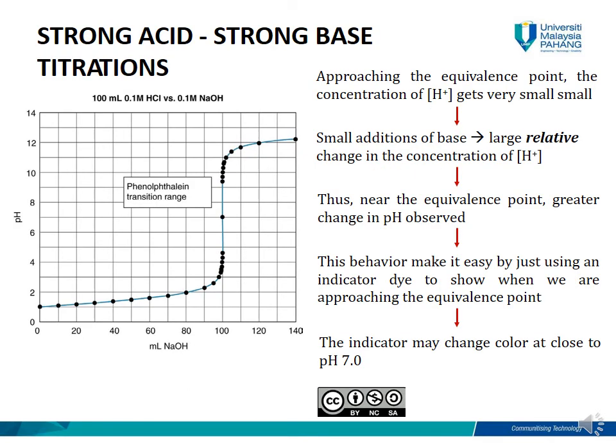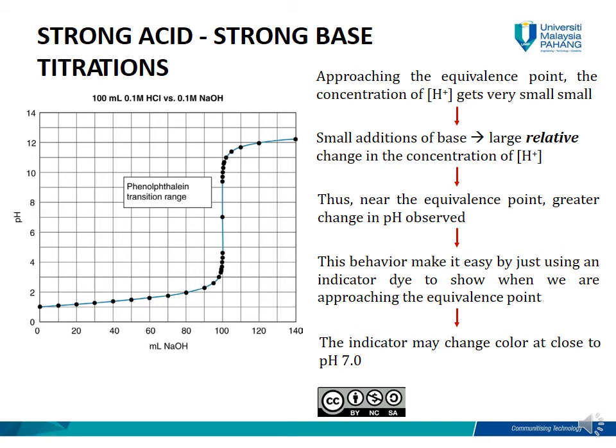For the strong acid and strong base titration, the process can give a very clear endpoint. What actually happens during the titration is that when the pH approaches the equivalence point, the concentration of H plus gets very small.